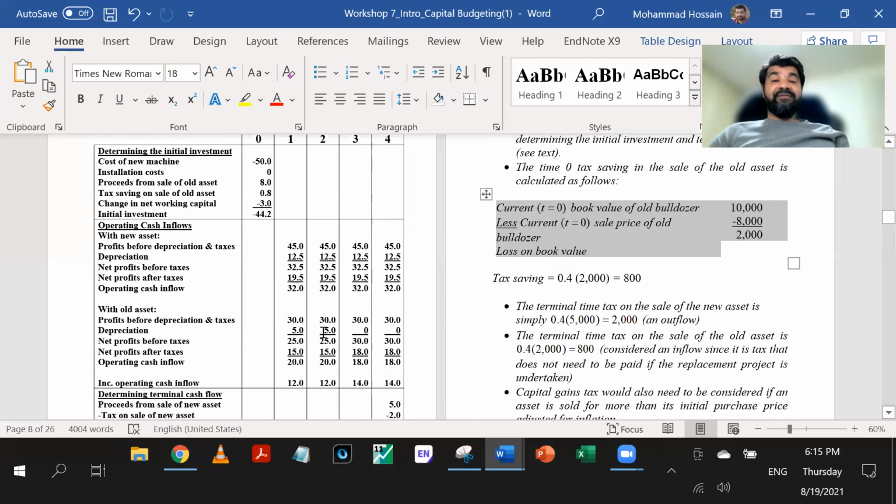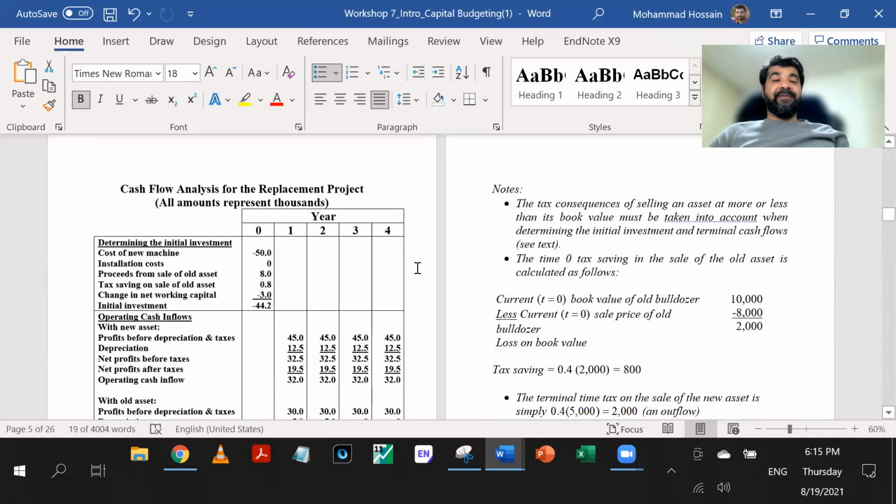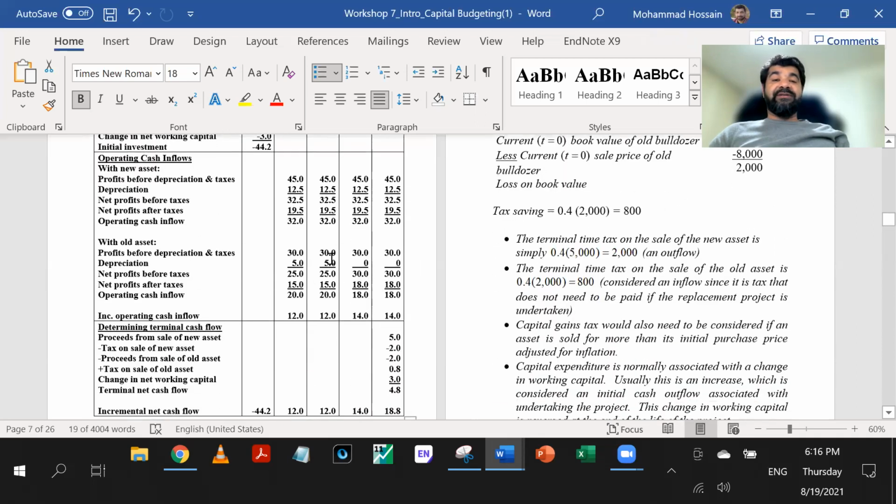They mentioned it here. Depreciation of the old bulldozer is 5,000 per annum and it will be fully depreciated in 2 years' time. So 5,000, 5,000, and in 2 years the 10,000 is gone.